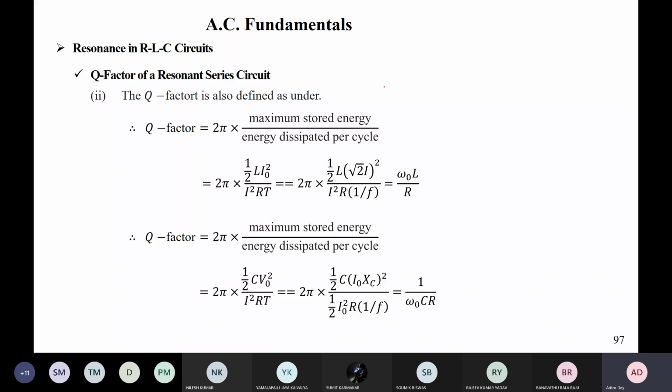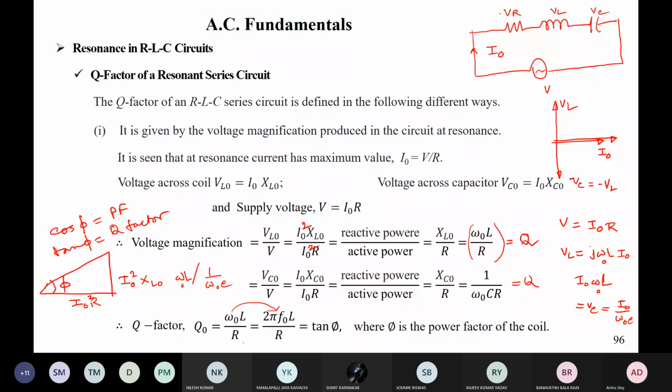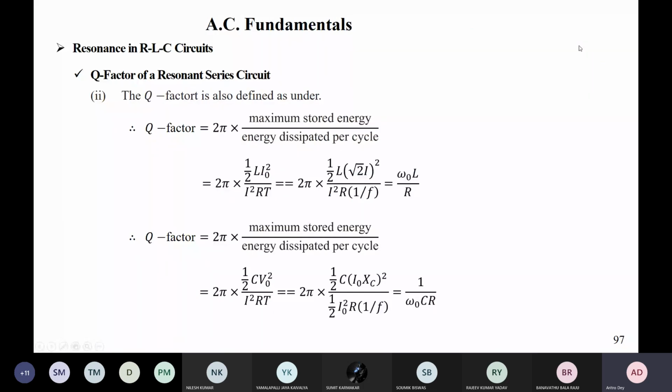Energy dissipation will happen only at your resistive part, so there will be I square R loss. So I square R T is your energy, right? And how can you relate this T? 2 pi by T is equal to your omega. So that T you can write in terms of this. So if you write T equal to 2 pi by omega, you get this. Okay.